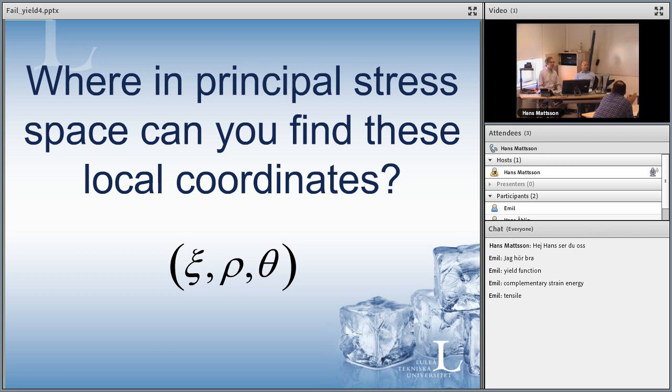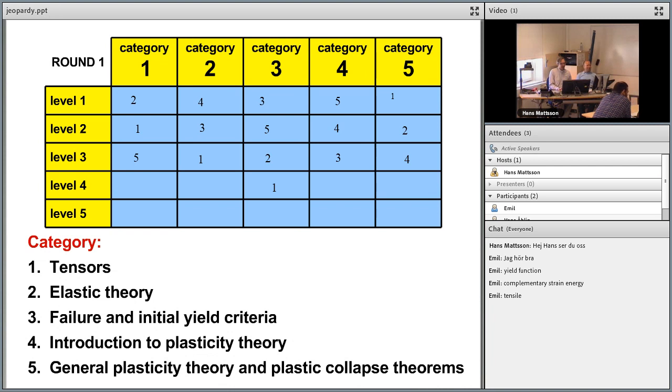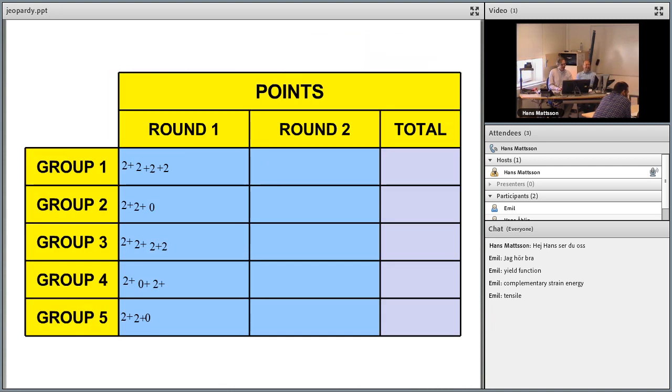Please read the question again. Where in the principal stress space can you find these local coordinates? Is that your final answer? That's correct. Deviatoric plane, you have it here on the picture. Group number 1 had some difficulty there, but delivered the correct answer in the last second.